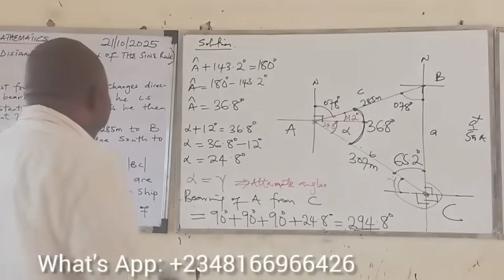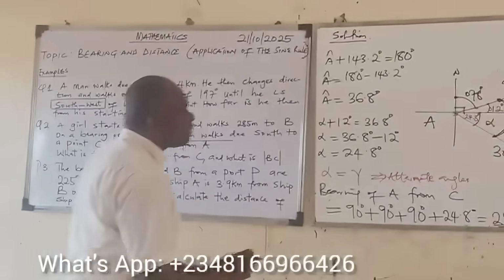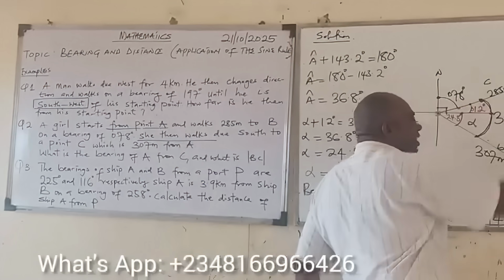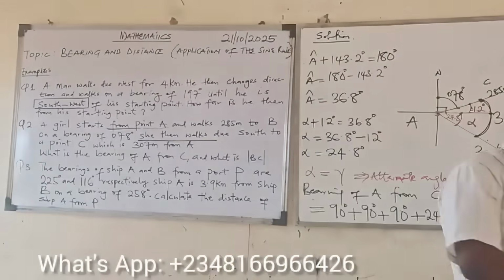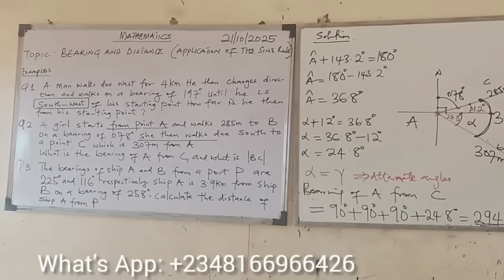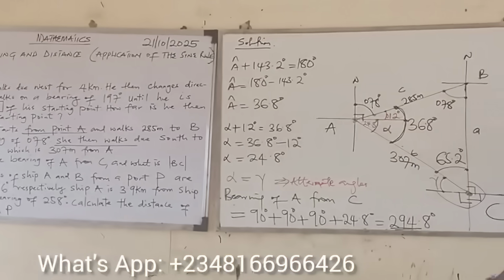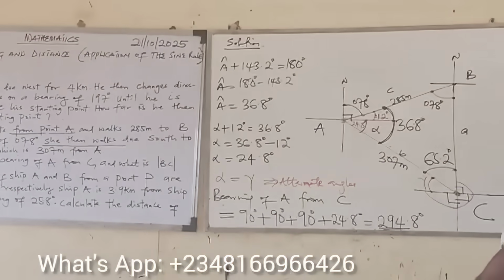Now let's look at the next question. They said we should find BC. The distance BC is our small a. So now we're going to calculate the value of small a. Remember, we know the value of our small b, and we know the value of big B as well.